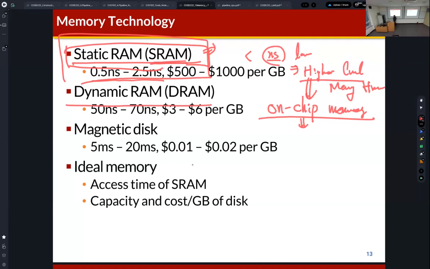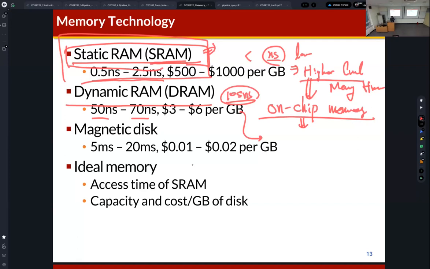And then you can use the dynamic RAM, called DRAM. The latency of DRAM is tens of nanoseconds, like 50 nanoseconds to 70 nanoseconds. And it's cheaper than SRAM. But the DRAM technology is different from the normal processor technology.